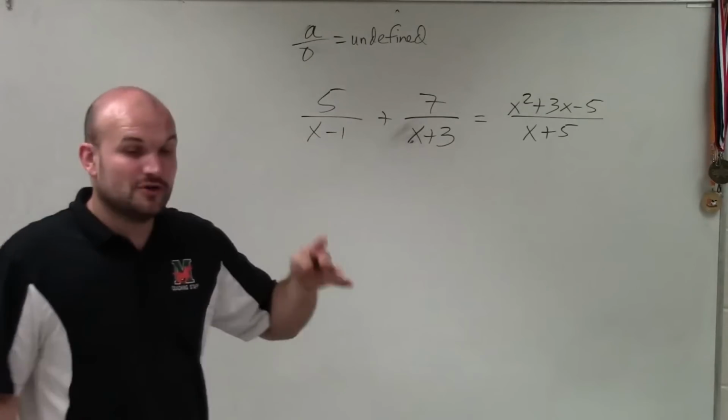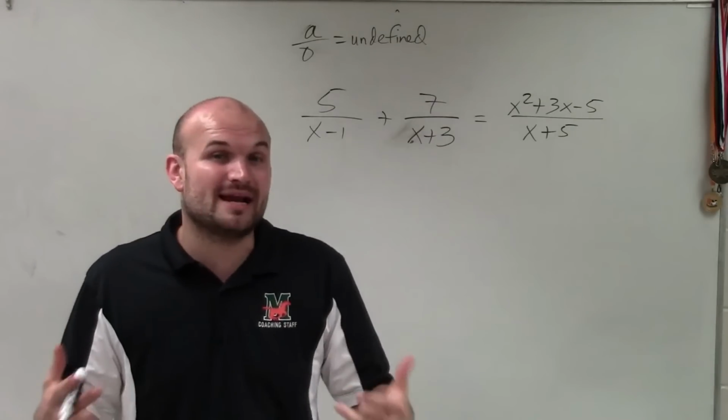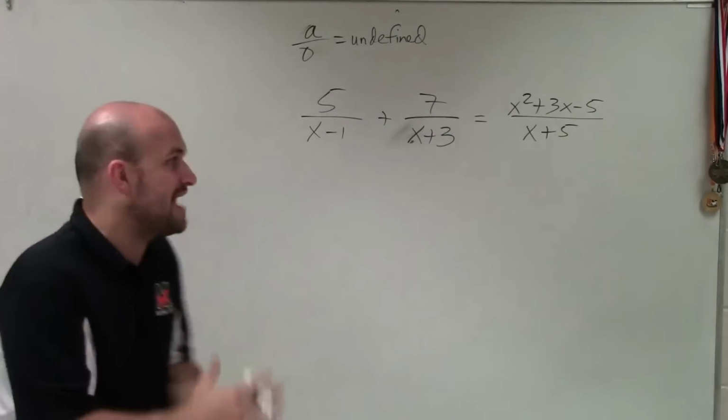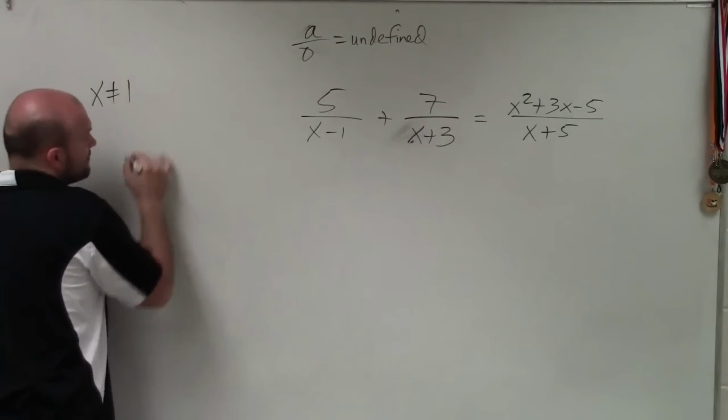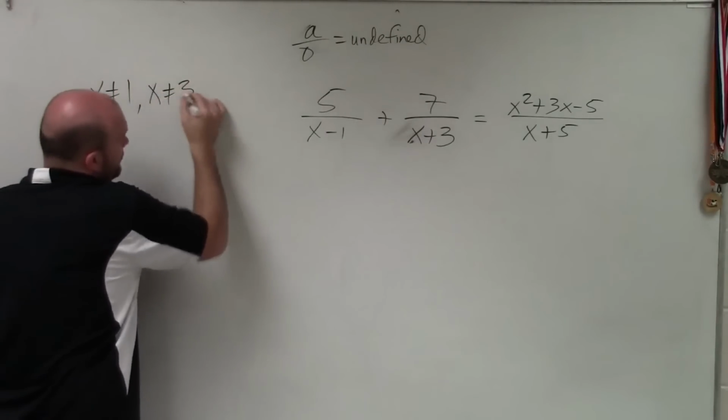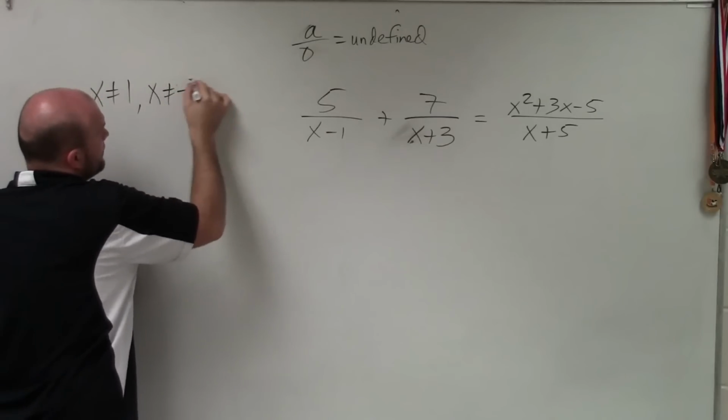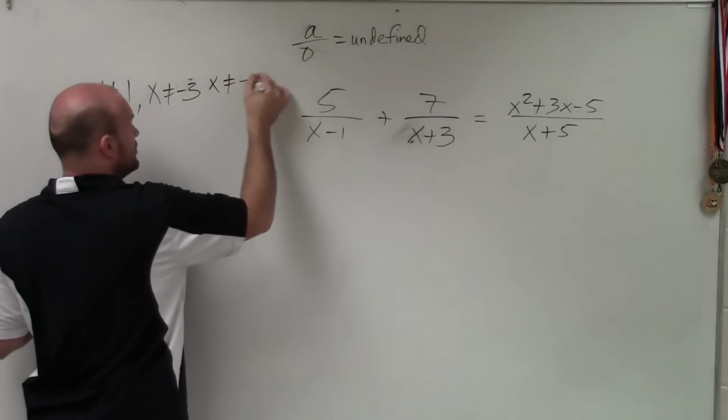I don't know what the answers are, but I know the answers cannot be these values. The values I'm going to choose are x cannot equal 1, x cannot equal 3 or negative 3, and x cannot equal negative 5.